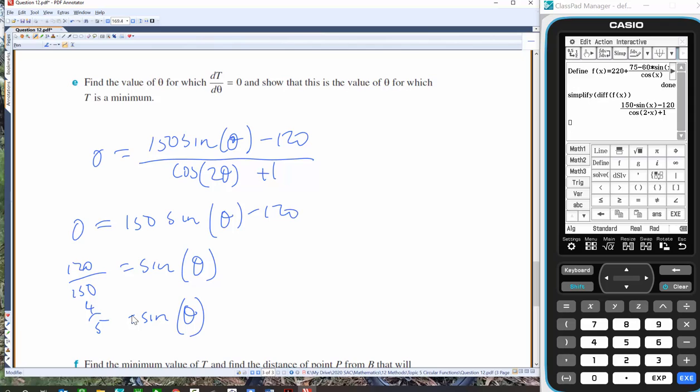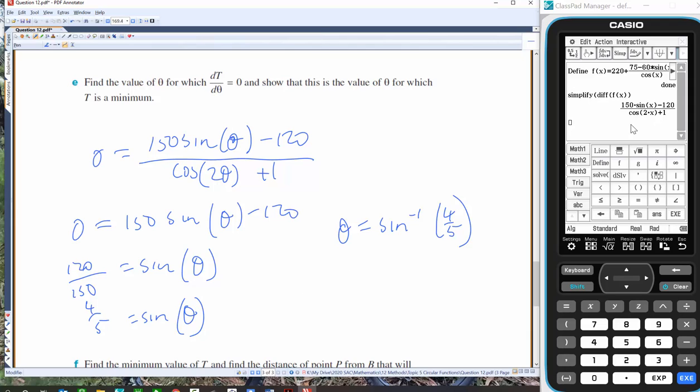Now this is why I know we can go to our calculator at the moment, is because we don't know an exact value of 4/5, okay? So the exact value in theory is going to be the inverse sine of 4/5. But let's go ahead and solve this.